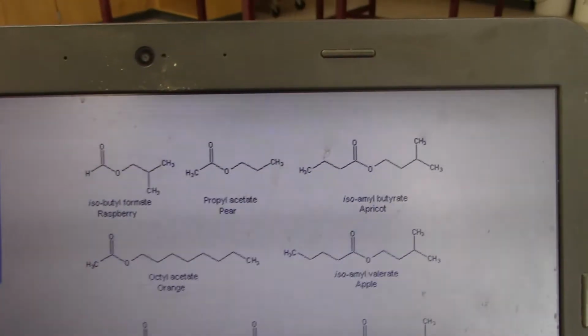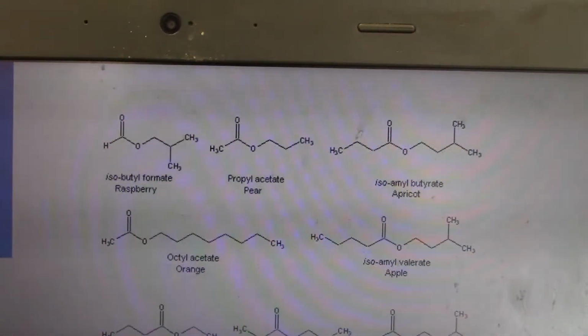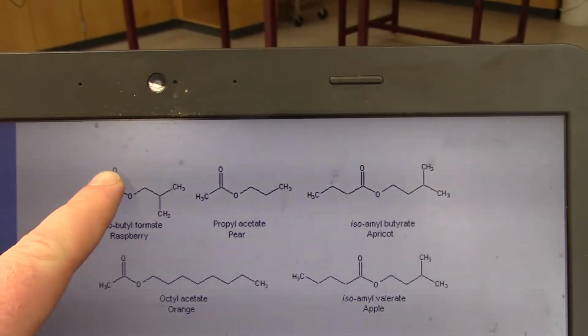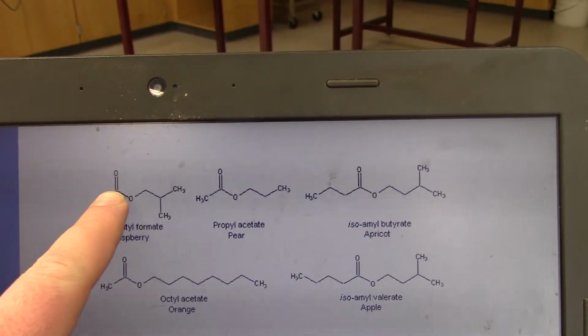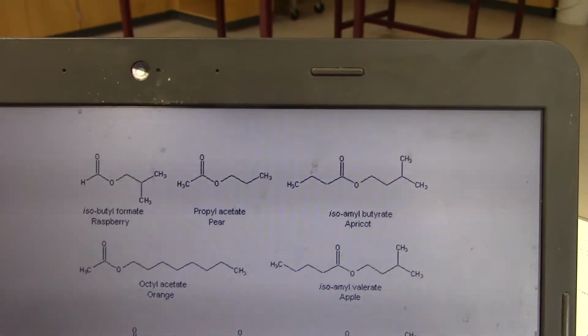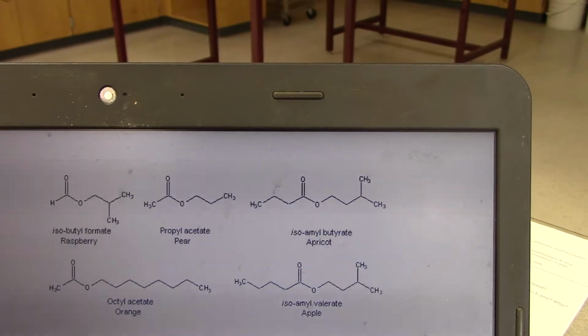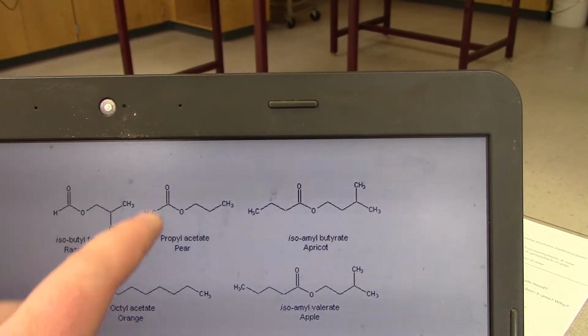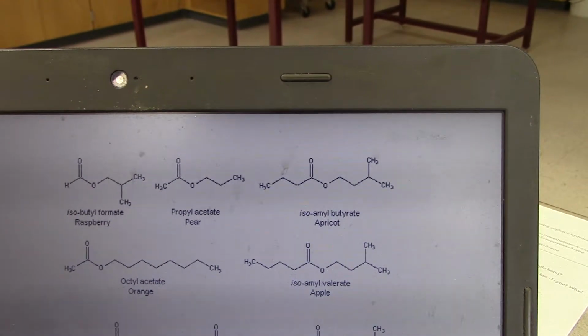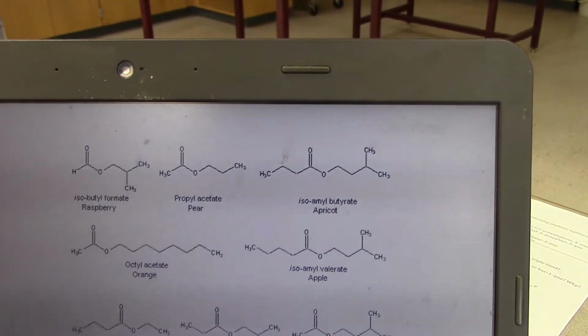So here's a whole bunch of ester examples. These are a lot of common flavors. You can see the single bond O, the double bond O, single bond O, there's a carbon right here. You can see raspberry flavor, pear flavor. This is ethanoic acid and propane. Acetic acid is ethanoic acid.